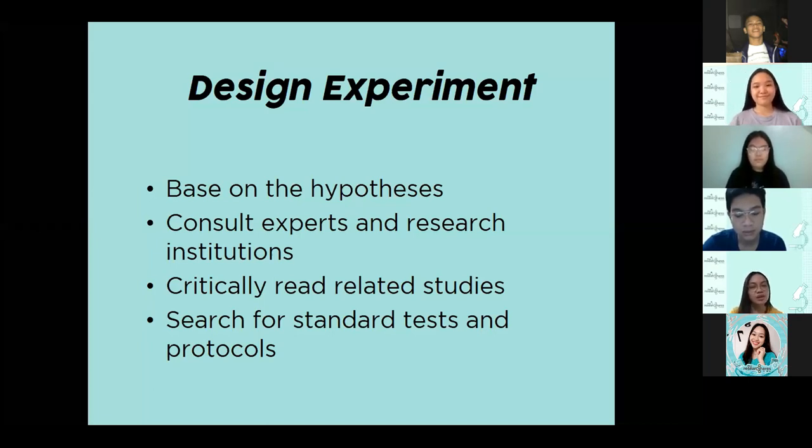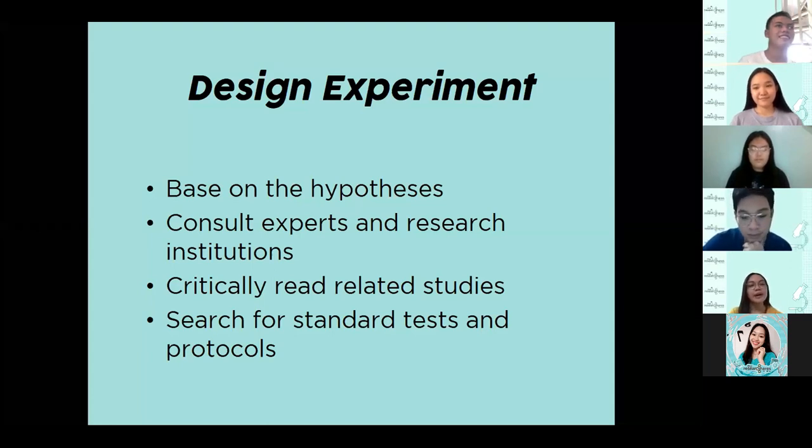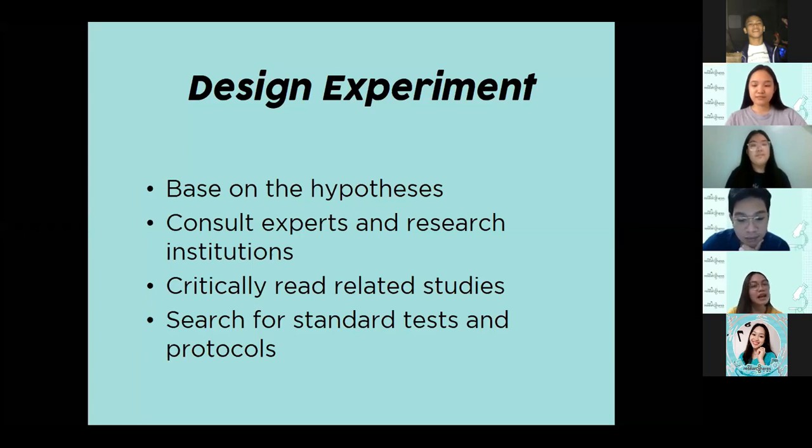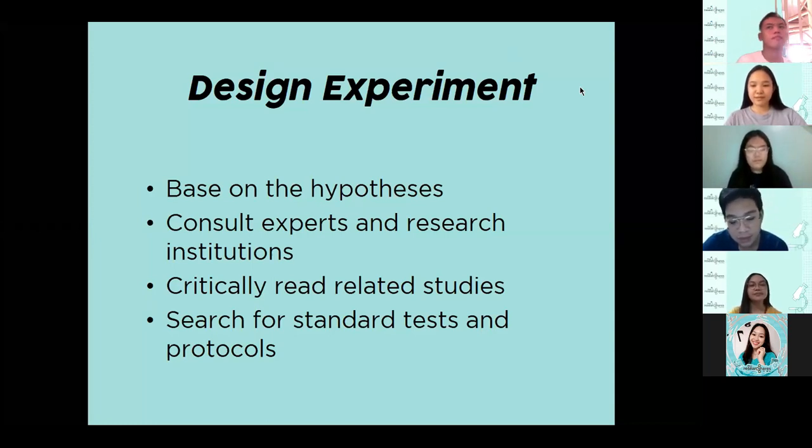Ganon. Fourth, search for standard tests and protocols. So, often, sa mga ganitong standard tests at protocols, lumalapit tayo sa DOST para tumulong halimbawa, authenticate, tumulong laboratory test, several kinds, various kinds ng tests at protocols depending on your kind of research. Ganun siya. Kailangan sobrang maingat ka sa pagde-design ng iyong experiment.